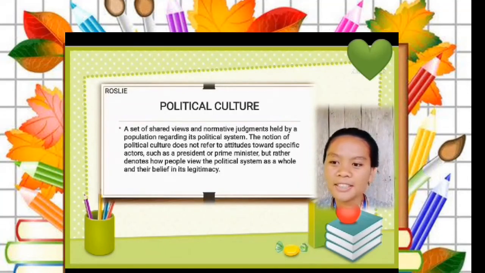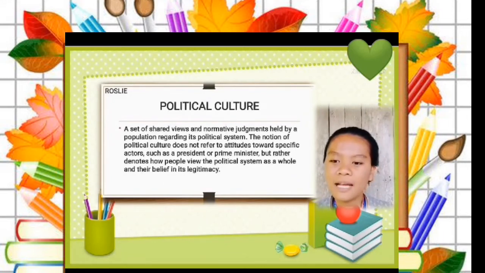In other words, it is the set of attitudes, beliefs, and sentiments which give order and meaning to political processes and which provide underlying assumptions and rules that govern behavior in the political system. It encompasses both the political ideas and the operating norms of a polity.